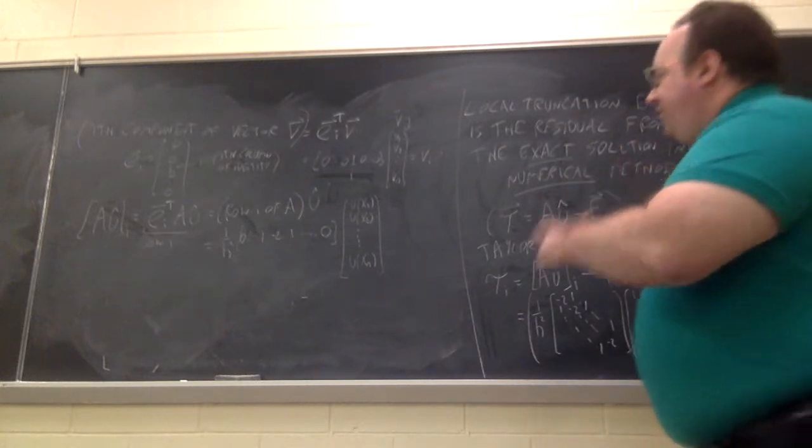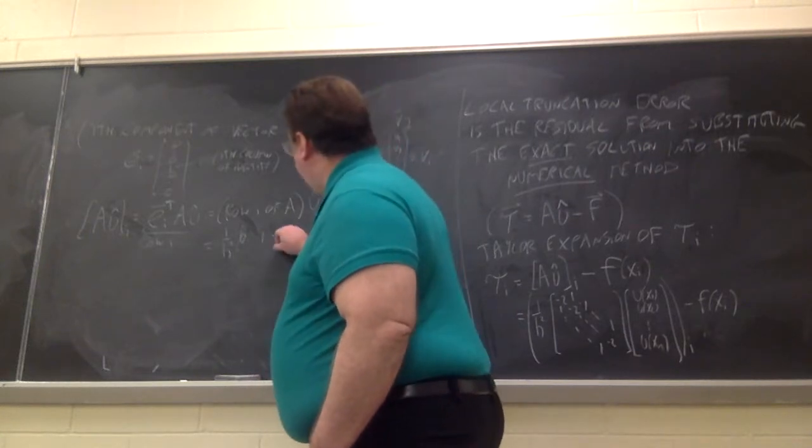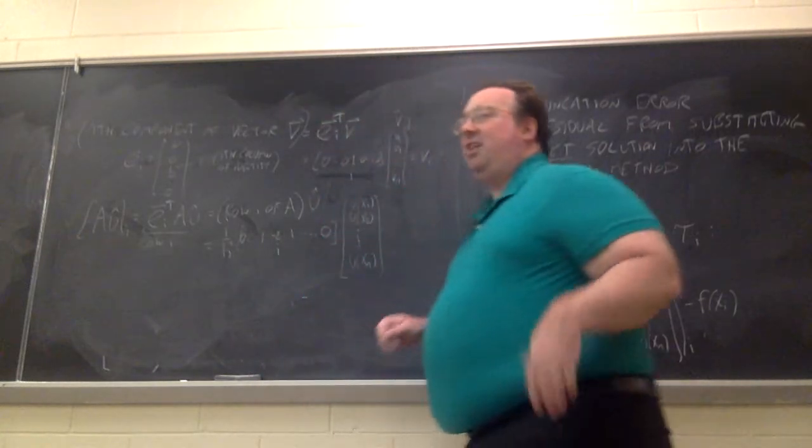The minus 2 sits on the diagonal, so it is in position i, column i.